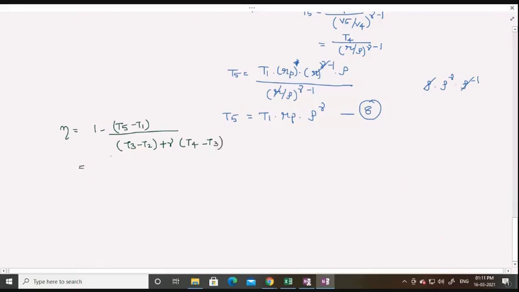So here you can substitute T5, T3, T2, T4. You get 1 minus, T5 is nothing but T1 into Rp into rho power gamma, minus T1, divided by T3, you can refer equation number 6.